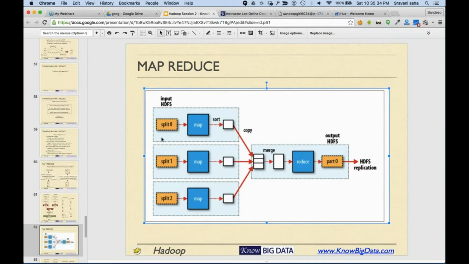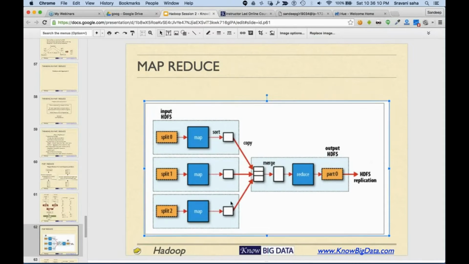Okay, so for every line or every record inside the block, your map function is going to get called, and the result of the map function is being sorted here. And whatever is the output, it gets taken to this reducer node as and when the mapping and sorting is happening. And after sorting is done, the data will get copied to a central location. And once that is done, the merging of these parts will start happening.